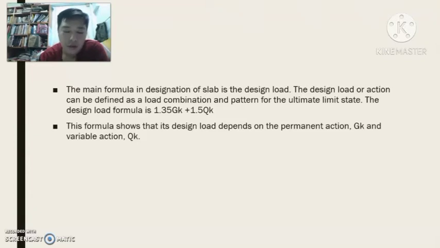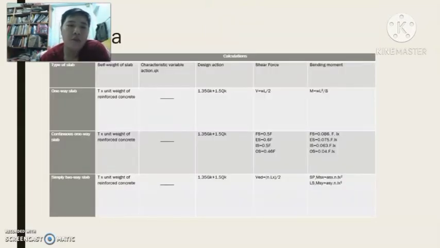As you can see in this table, there are different types of slab based on our Python programming: one-way slab, continuous one-way slab, and simply two-way slab. The calculation for the design action is the same, but the shear force has a different formula for different purposes, and the bending moments are also different.